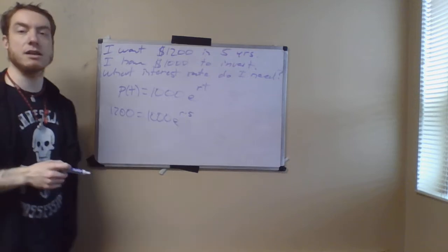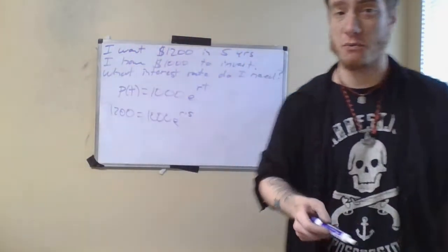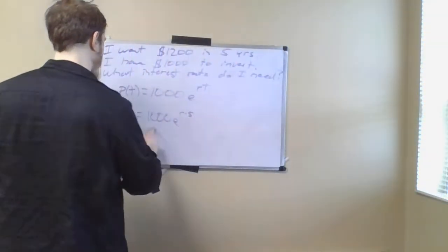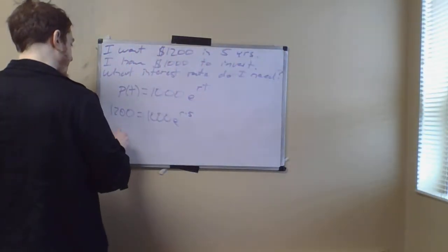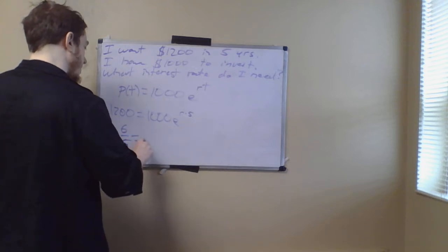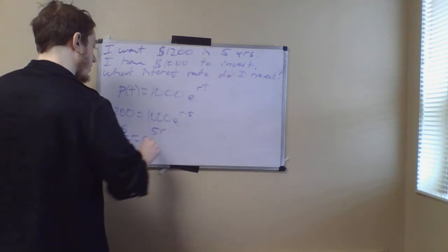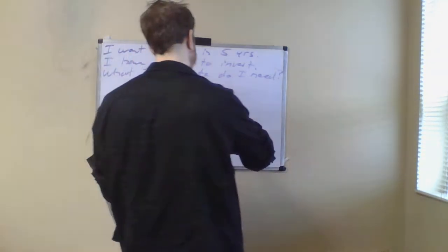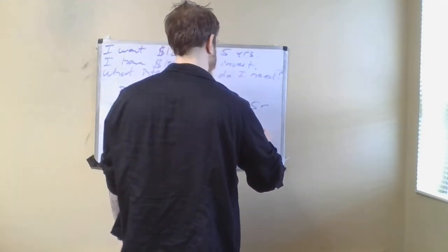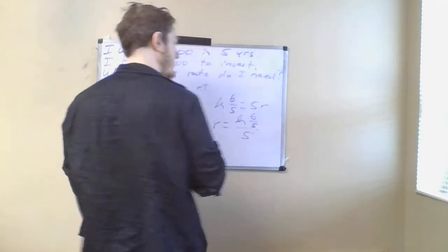Well, from here on, things become relatively straightforward. We just have to solve for r. So 1,200 over 1,000, that's 12 over 10, or 6 over 5, is equal to e to the 5r. That means log 6 over 5 is equal to 5r. So r is the log of 6 over 5 divided by 5.